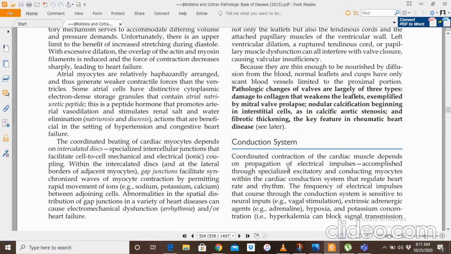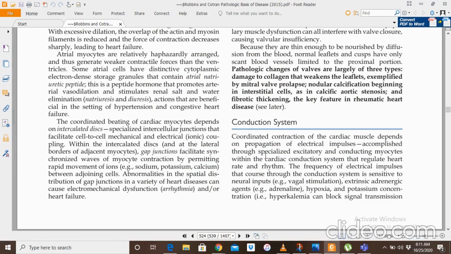Now the conduction system. The coordinated contraction of the cardiac muscle depends upon the propagation of electrical impulses, accomplished through specialized excitatory and conducting myocytes within the cardiac conduction system that regulate heart rate and rhythm.